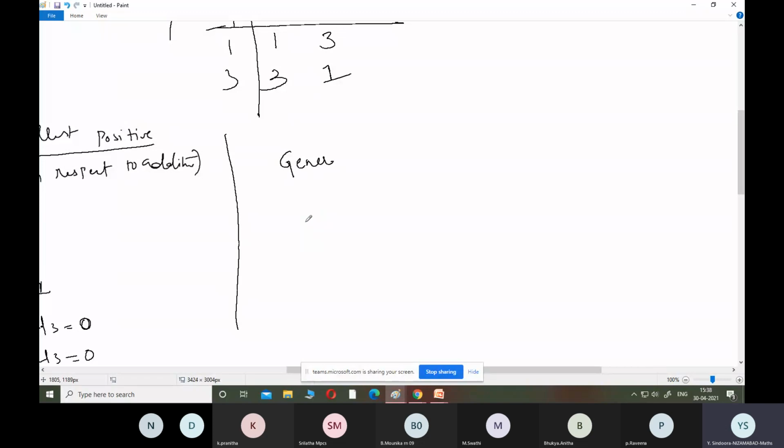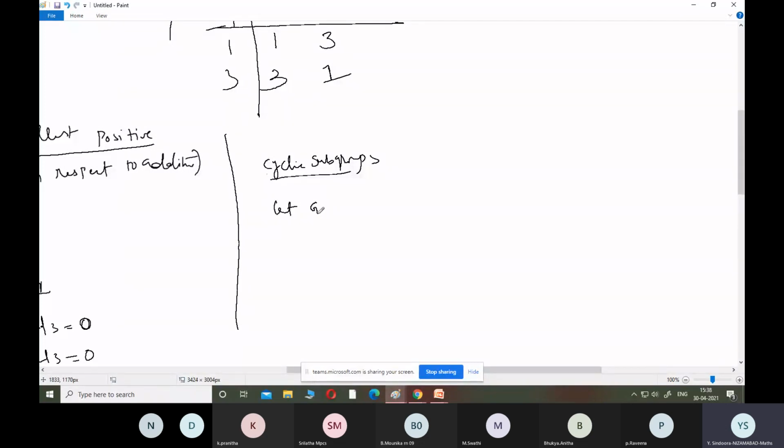Before going for generators, let us go for cyclic groups, cyclic subgroups. What is a cyclic subgroup?